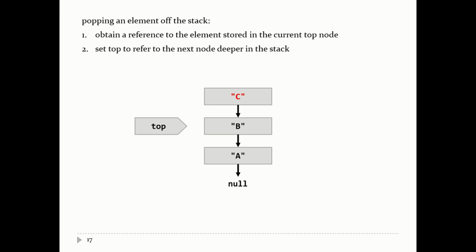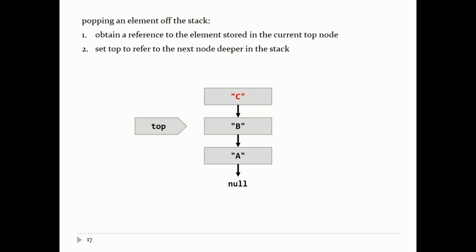This node disappears in Java on its own for free. Well, not for free. The programmer doesn't have to do anything. In C, you would have to deallocate that node. You'd have to free that node. In Java, though, no one has a reference to this node anymore. As soon as you adjust that top reference, there's no reference to that node.